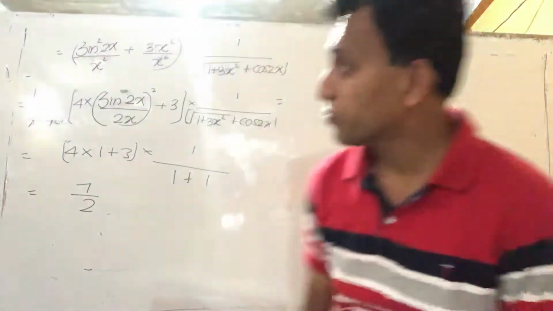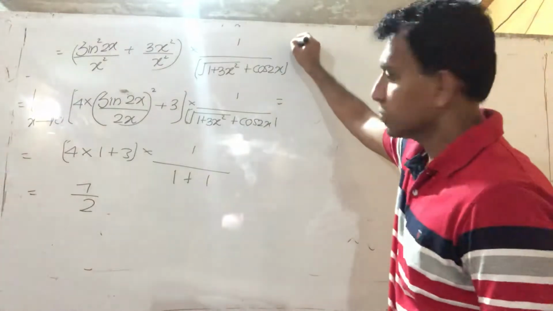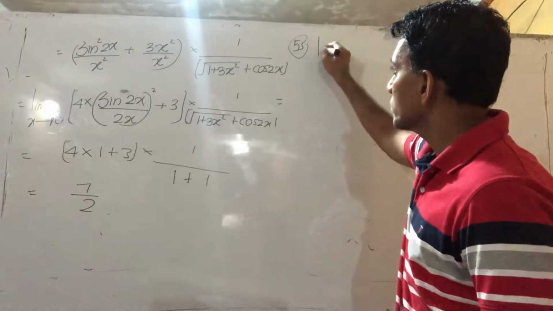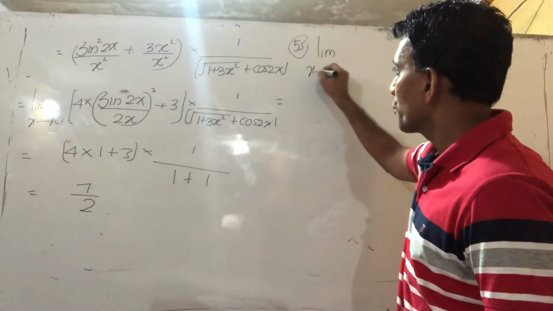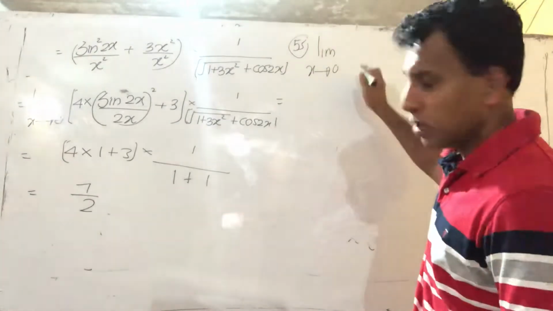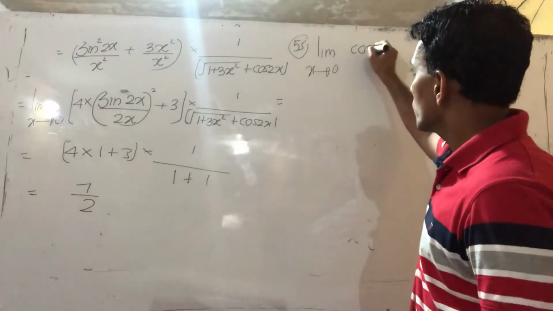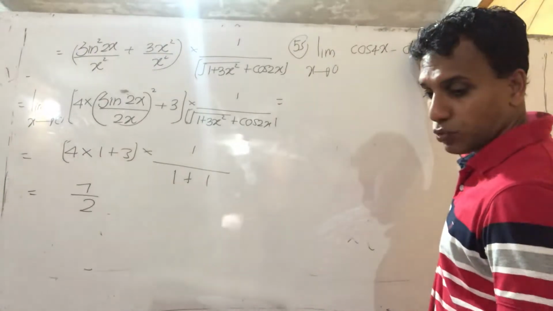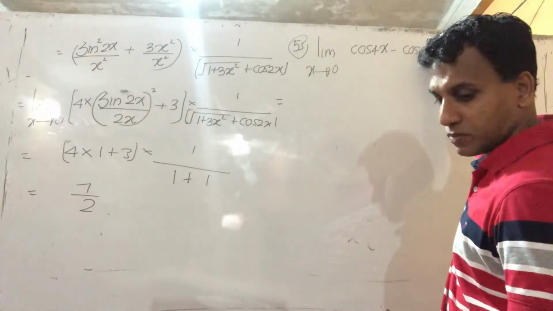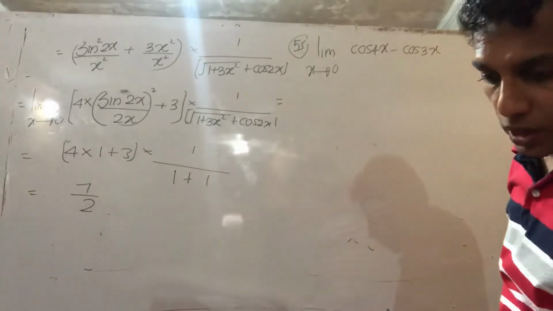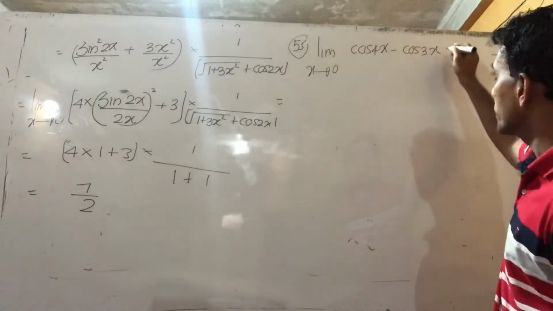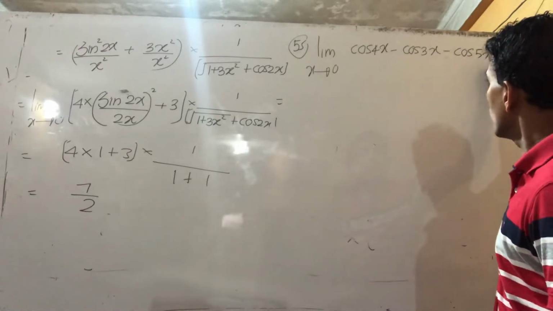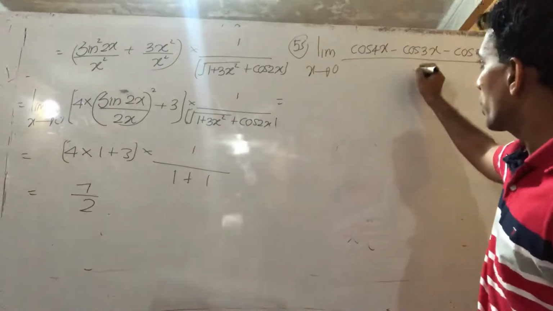Next question, 55. Limit as x approaches 0 of (cos 4x minus cos 3x minus cos 5x) over x square.